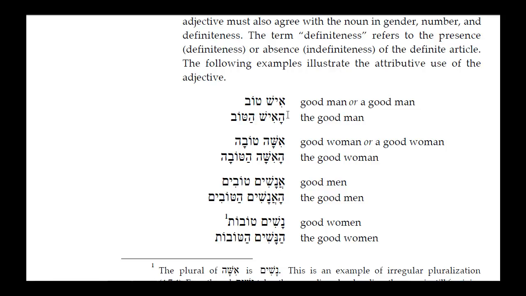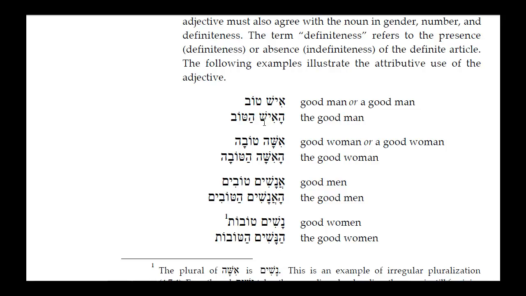Now here is the definite use of it. Ha-ish ha-tov. Here we see that the adjective tov has both the definite article, the hey, the patach, and the doubling of the first consonantal letter. That's the classical form of attaching a definite article to a noun as well as an adjective.